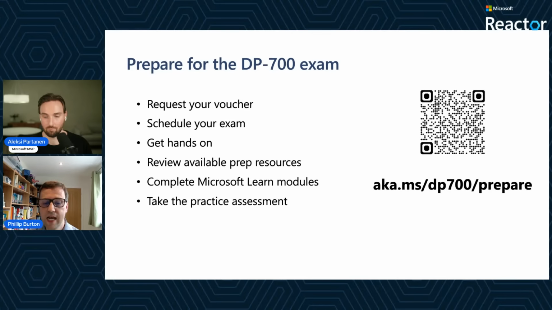And finally, make sure that you take at least one practice assessment. So there is one on the DP-700 page, and another, for example, measurup.com offers one. That helps you identify any gaps and gives you a feel for how the questions are structured.